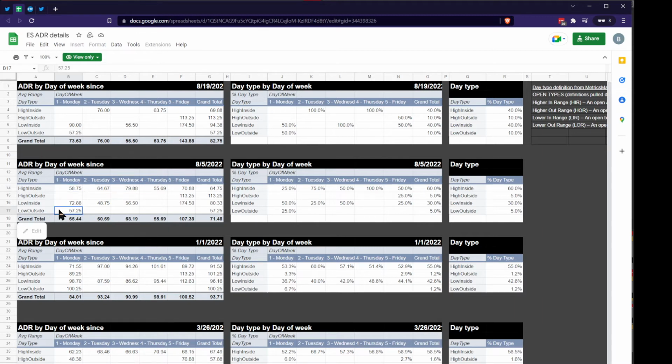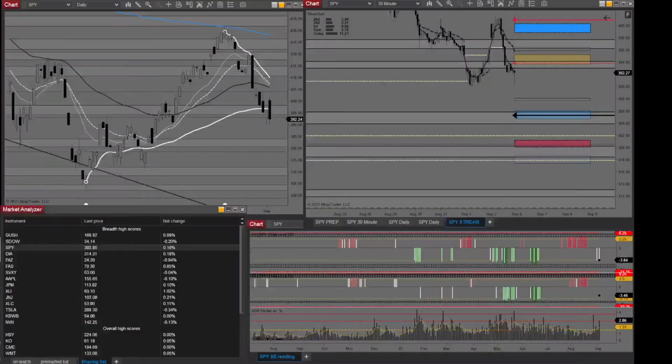Outside would mean we're opening lower than the previous day's close, but outside of the previous day's high and low. That would be interesting if we gapped up. But anyway, that is SPY.